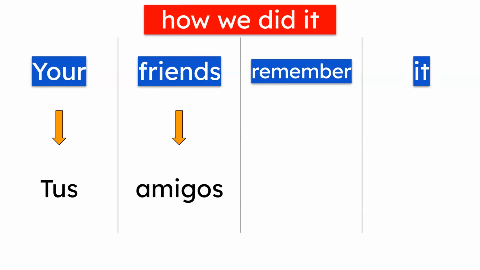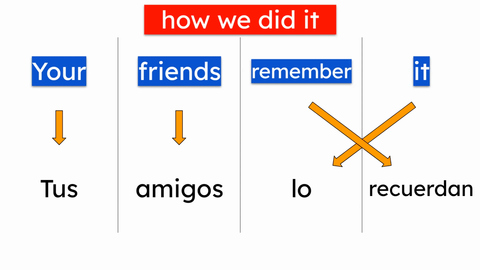Friends is plural and it's amigos, so that's why tu switches to tus. Tus amigos, and it is referring to an idea, so that would be lo. Tus amigos lo recuerdan. That's right.